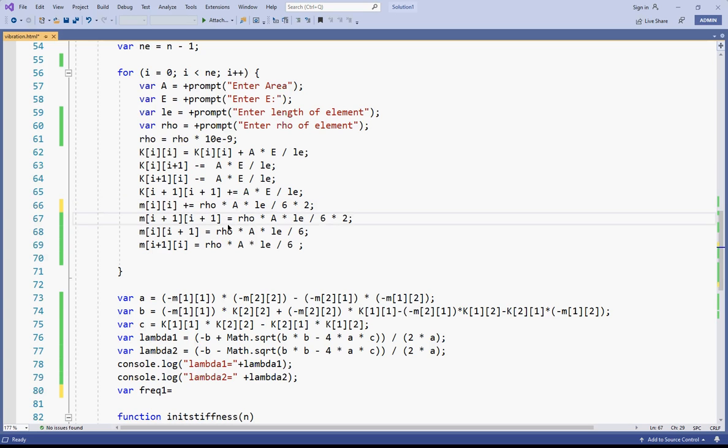It has to be added. The previous value has to be added, and we haven't done that. We have gone only for the replacement. So plus equal to, just like this, minus equal to, and here in this case C plus equal to. Similarly, we have to follow the same way.